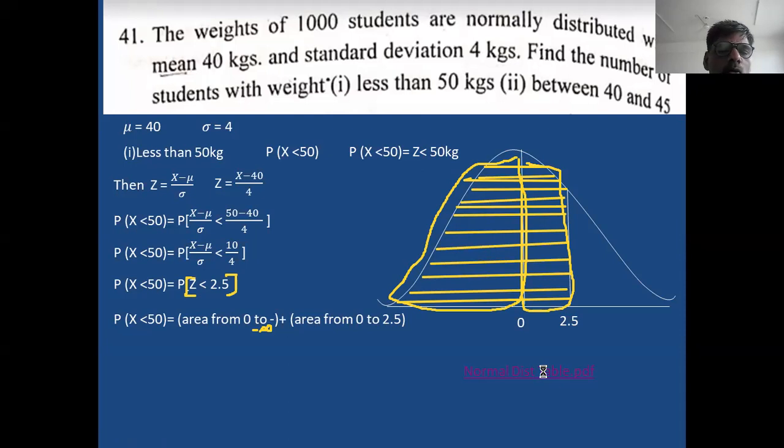And you tell me the value of 2.5. You see this table, normal distribution curve. Z is here, 0, 1, 2, 3, 4, 5, up to 9. What is the 2.5 value? 2.50, 0 column.